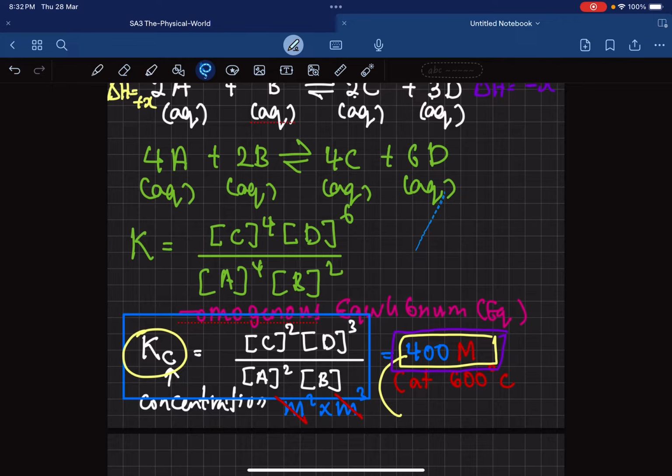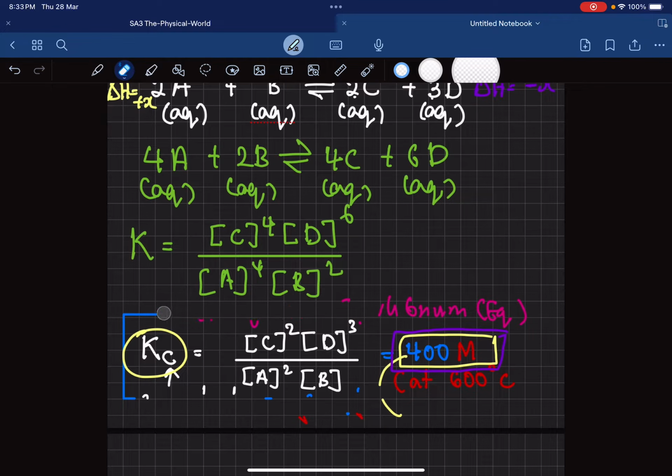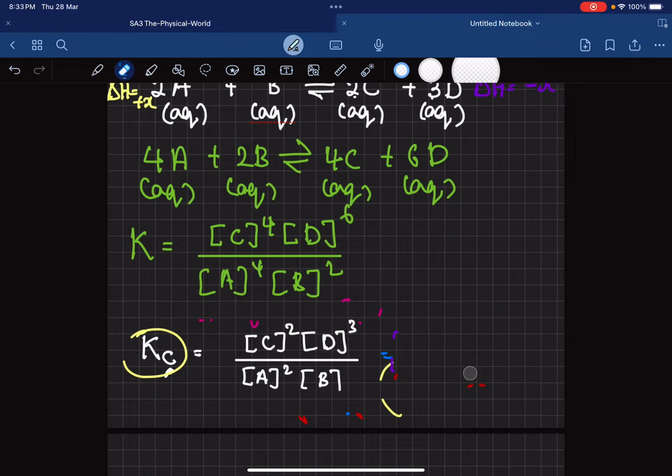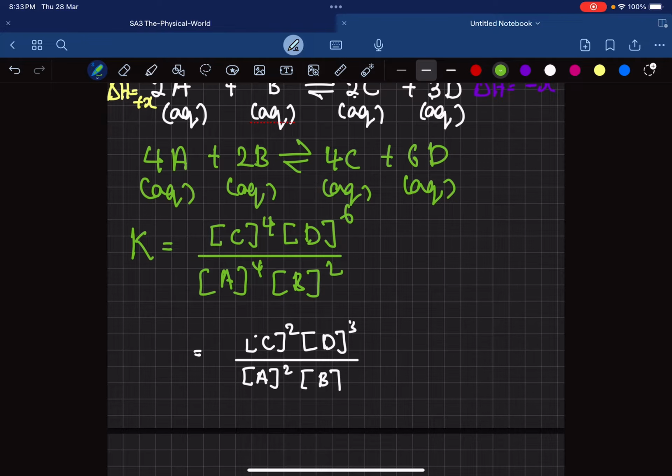Let me erase the unnecessary parts and clean this up a little bit. Bear with me for a while. Let's do this again. Do you see what I see?